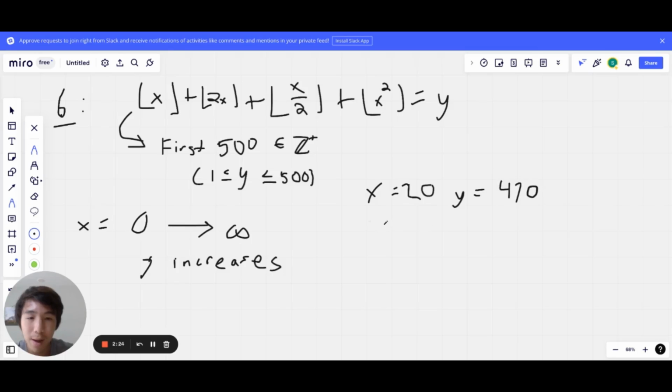And then if x is equal to 21, then y is equal to 21 plus 42 plus 10 plus 441 is equal to 514. Sorry, this shouldn't say 20, it should say 21.